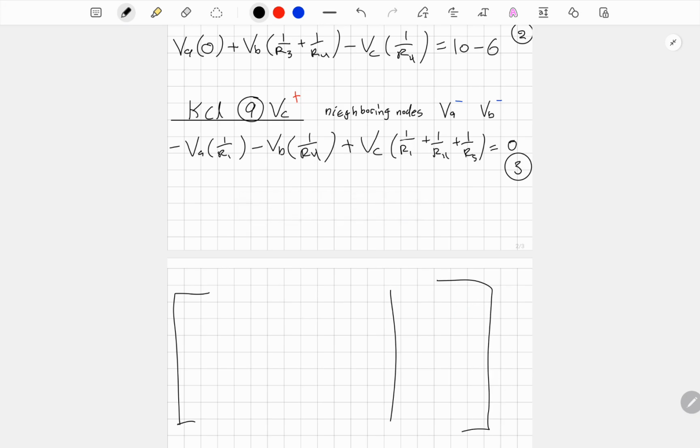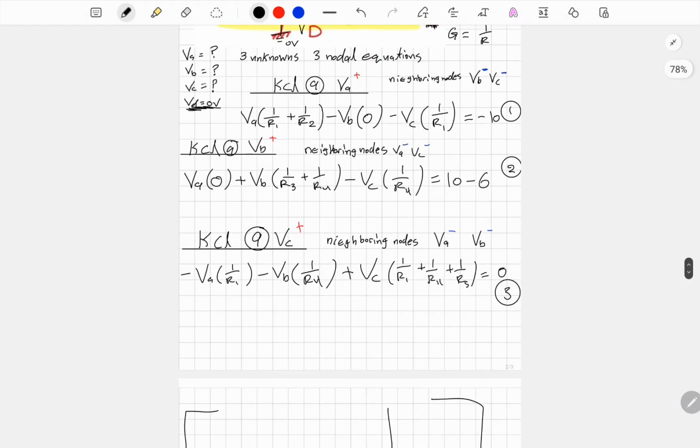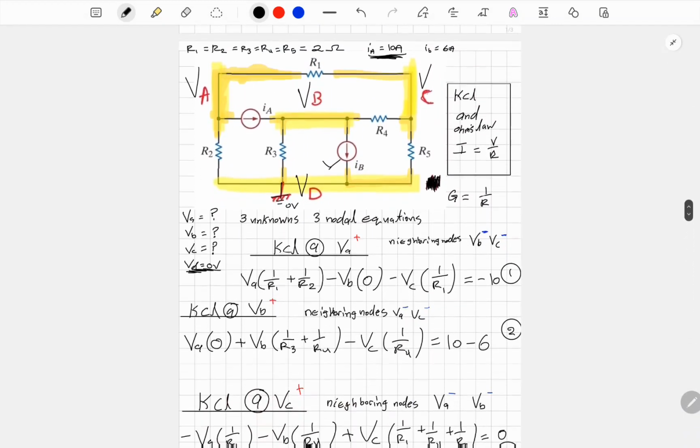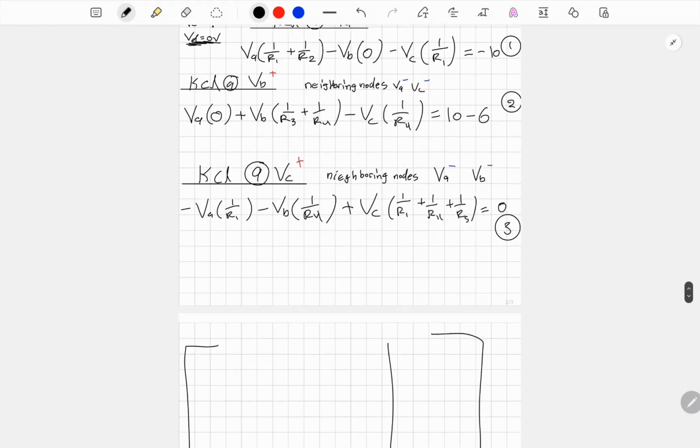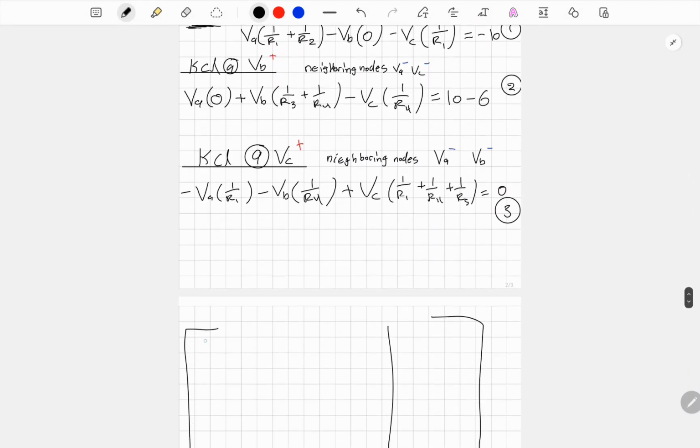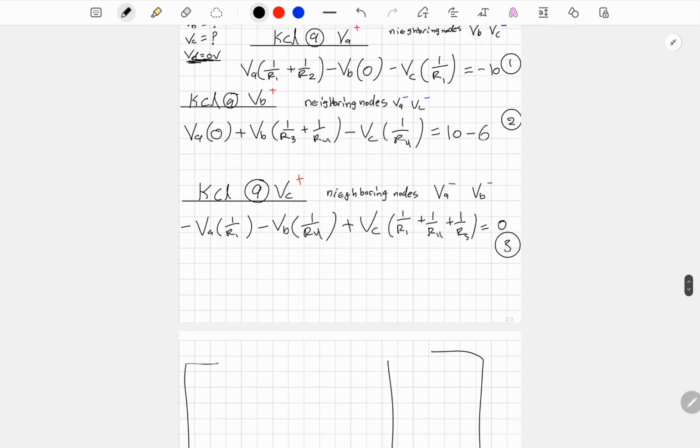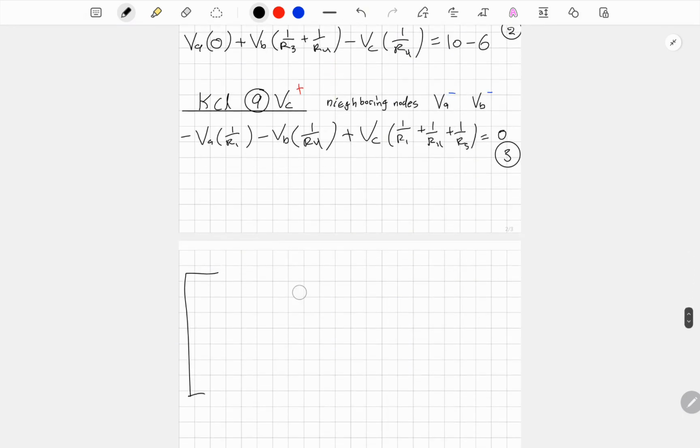For my VA, also, if you guys remember, my resistor values are just 2 ohms, so this is the matrix that I'm going to be writing.